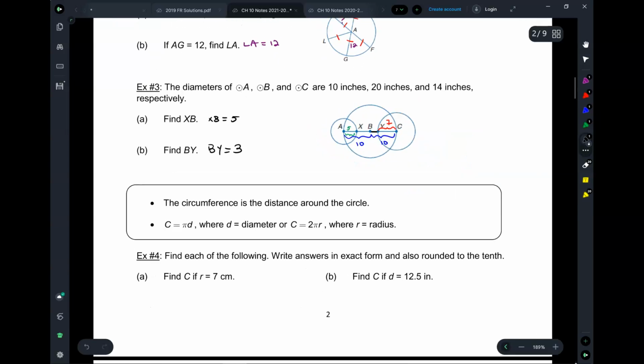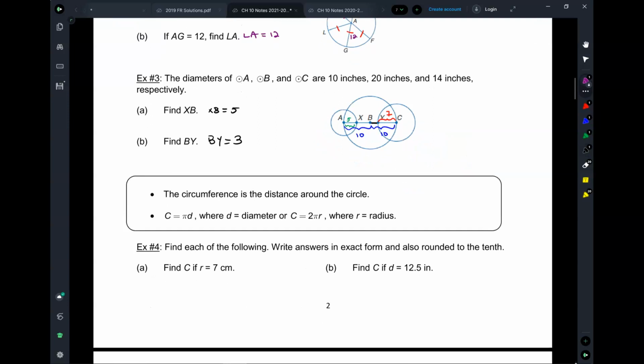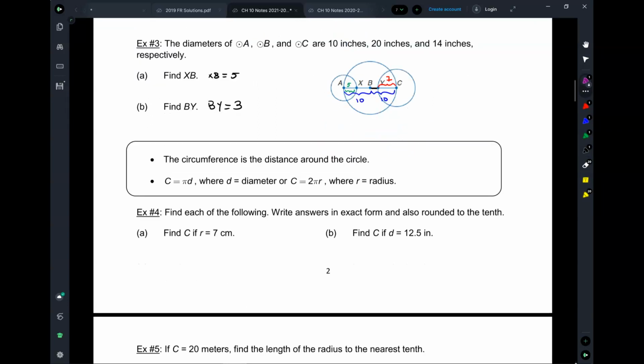Okay. All right. Now, circumference. Circumference is the distance around the circle. I really want you to know what this means. If there was a perfectly circular track, and you just walked around the circle and monitored your steps, the distance that you walked is the circumference.